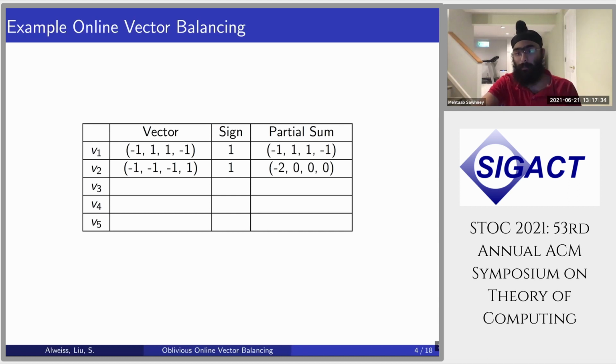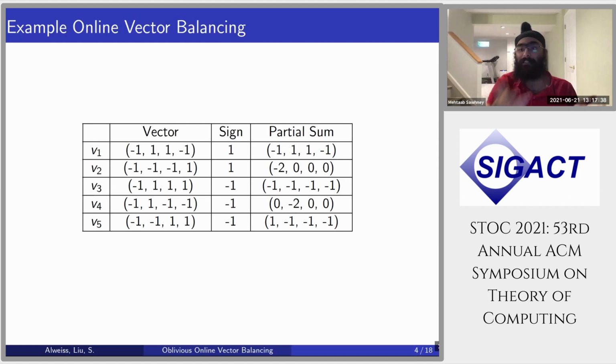At this point, your discrepancy is 2. This is just an example walking through a specific set of 5 vectors. To show how subtle this problem can be, let's say you just picked the signs 1 for all 5 of these vectors. Then the first coordinate would be -5, and you have discrepancy 5, versus the choice of signs here, which gives a discrepancy of 2.